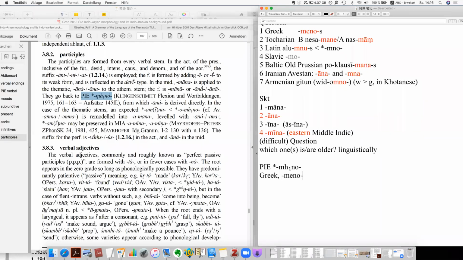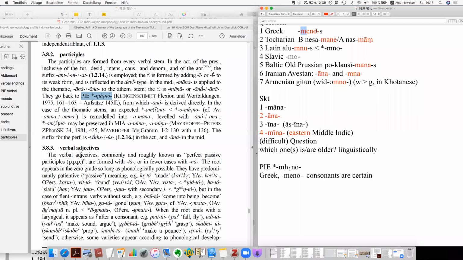With Greek, we know no is for sure, and m is also for sure. So there's actually nothing difficult concerning the consonants. There's actually no difficulty for consonants.